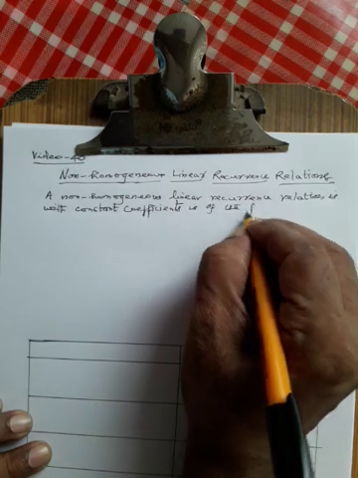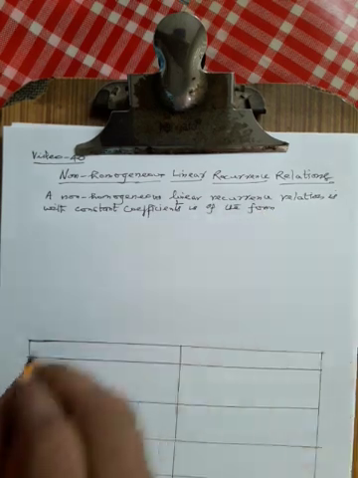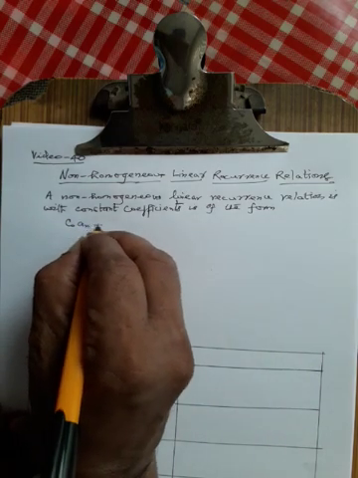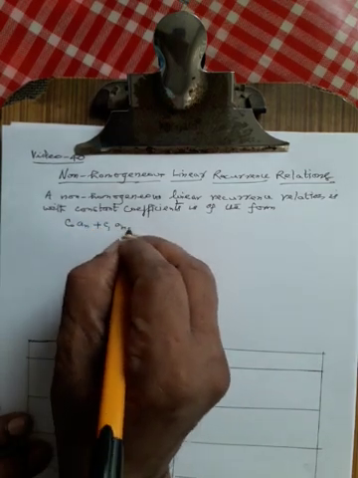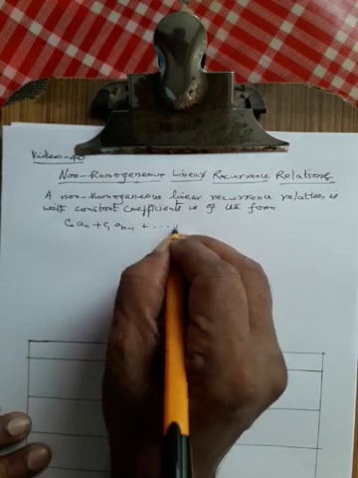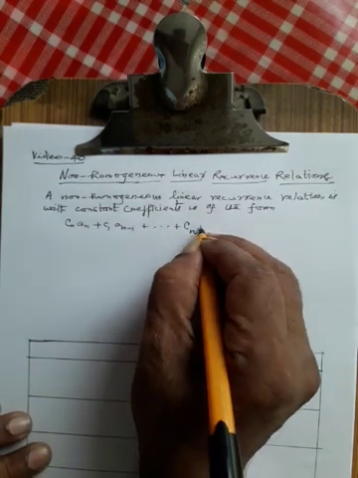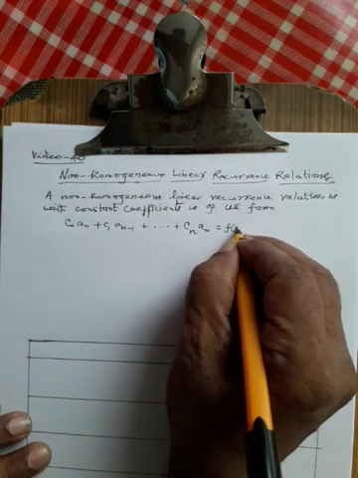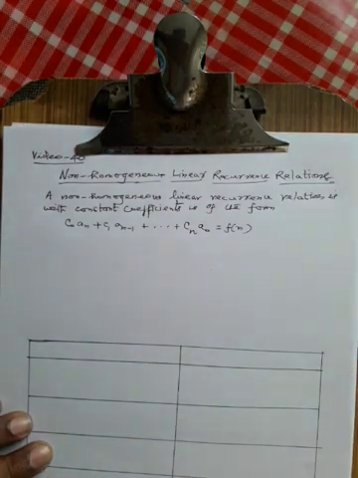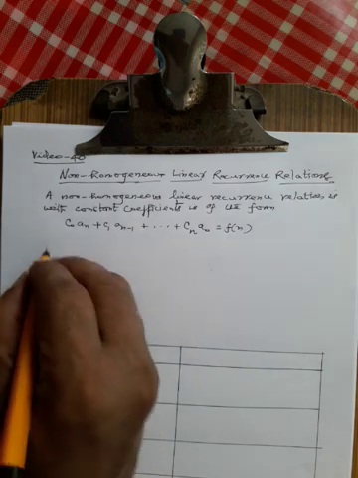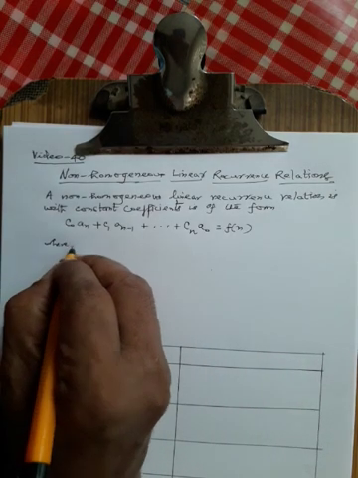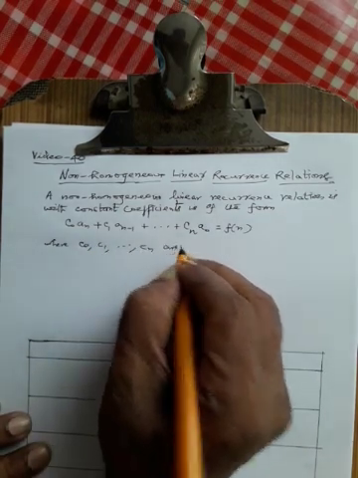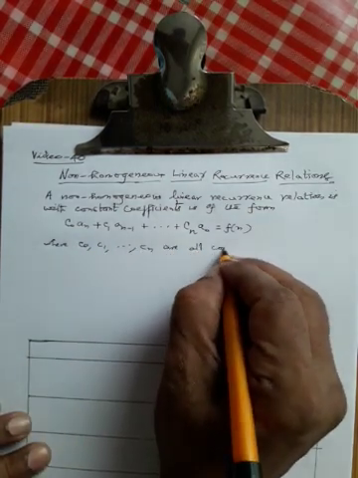It is of the form C0 a_n plus C1 a_(n-1) plus etc. plus Cn a_0 is equal to f of n, a function of n, where C0, C1, etc., Cn are all constants.